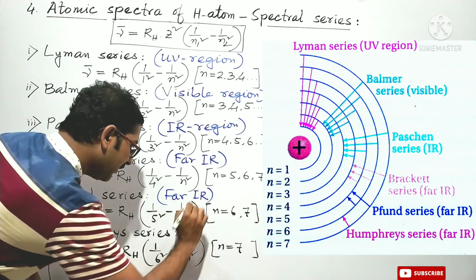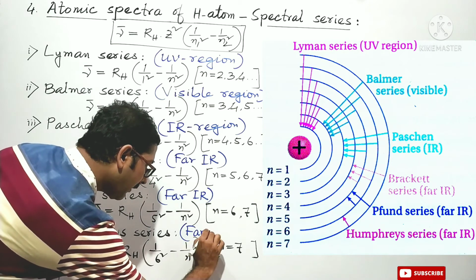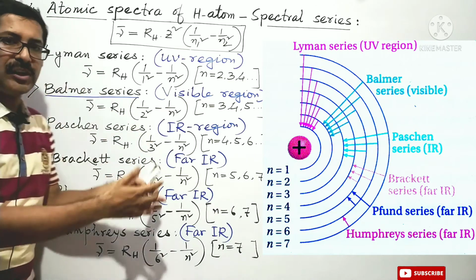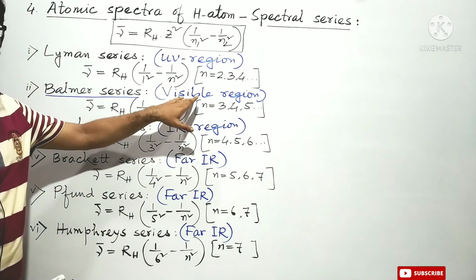We can see only the Balmer series of lines with our open eye, which occurs in the visible region.